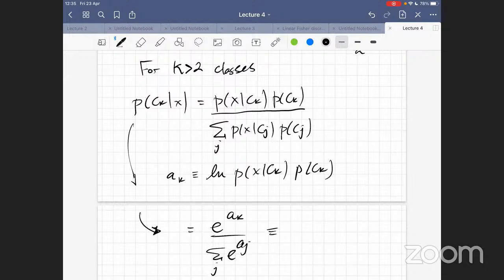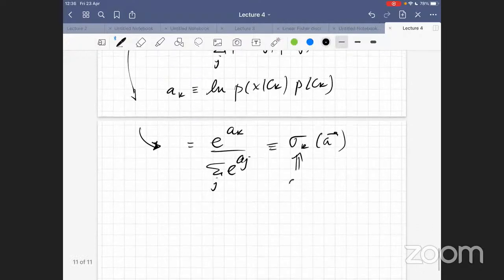And this is nothing but the softmax function, which is a similar function, or generalization of the sigmoid for the case of more than two classes.